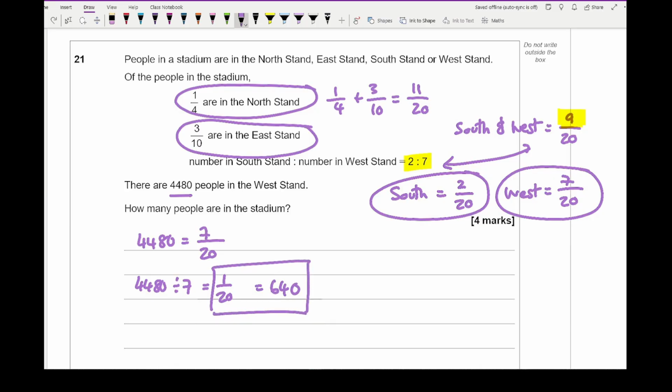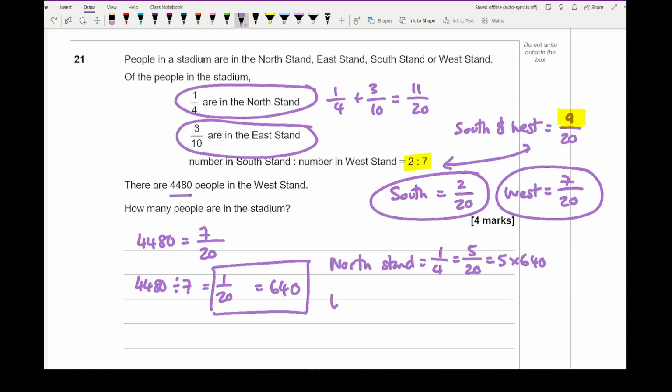So to work this out, I know that the north stand is a quarter, and if I turn that to a denominator of 20, that's 5/20, so that's going to be 5 times 640.